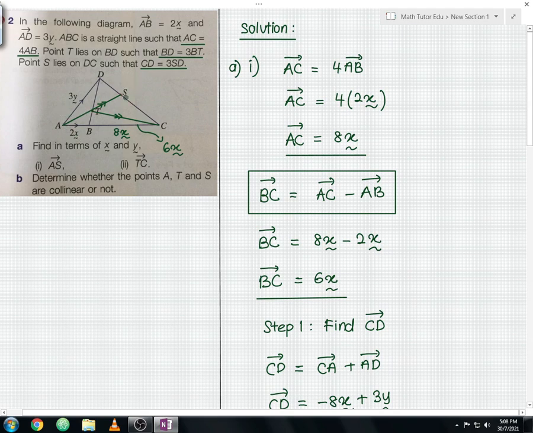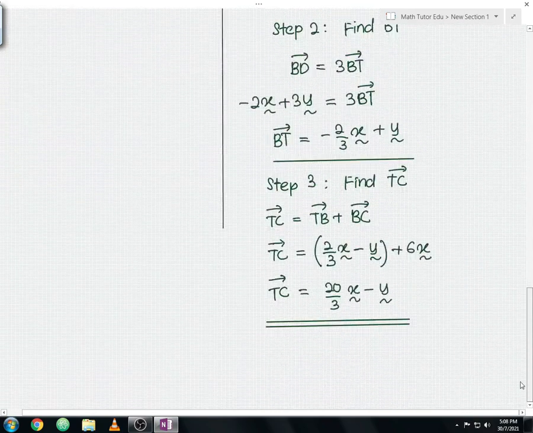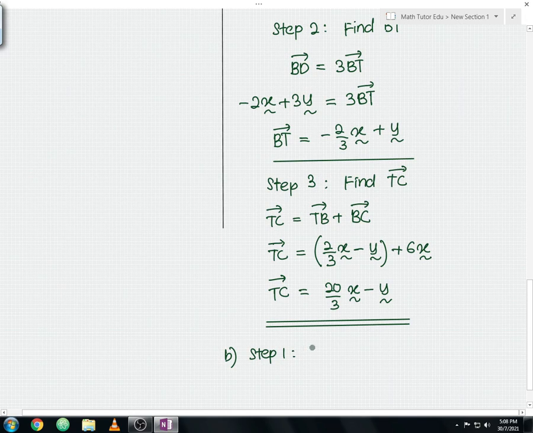From there you check whether they are collinear or not. That will be our calculation to determine whether these 3 points are collinear or not. So enough with our discussion, let us begin our working for question part B. For step 1, we're going to find the vector AT.